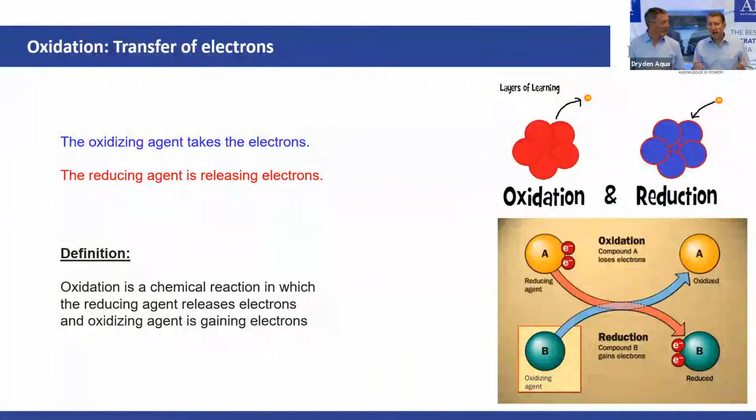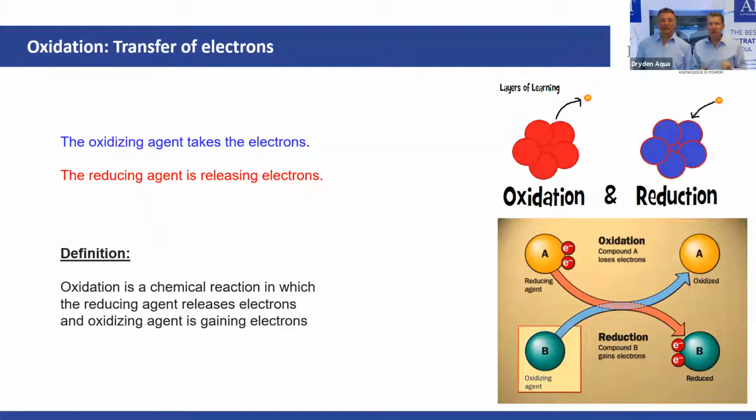So what does oxidation actually mean? Oxidation means the transfer of electrons. You have two agents. You have an oxidizing agent, and this oxidizing agent wants to get an electron. As Dominic explained, it's not complete; it wants to become complete.